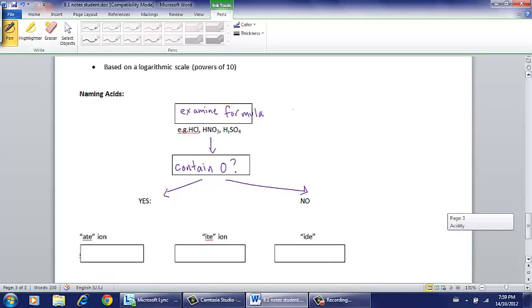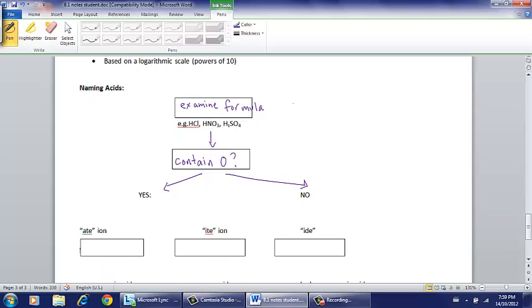If it does contain oxygen, the situation can be a bit, I don't want to say complicated, but there's two different choices. It will either have an ate ion or an ite ion. So you need to look up the ion and see what its name is. So for example, if we had HNO3, this is nitrate. So it's an ate ion. So this would be hydrogen nitrate.